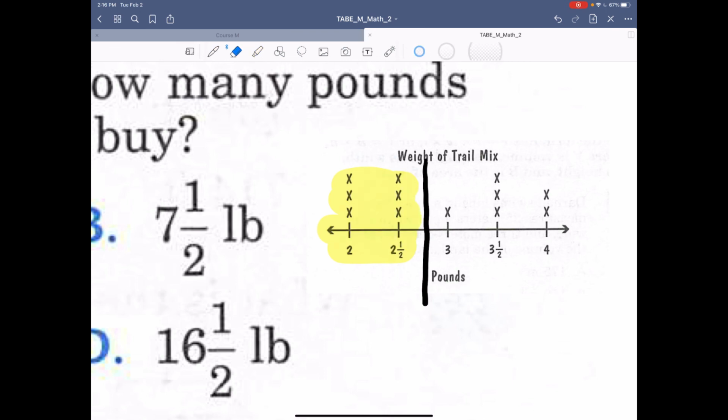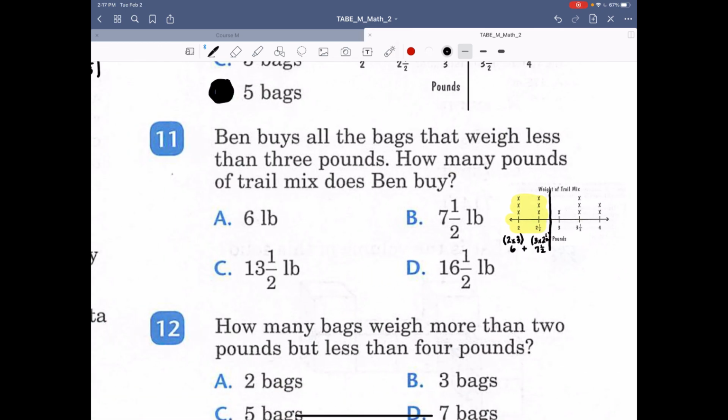So he bought 2 pound bags, and he bought 3 of those. So 2 times 3, that's 6. And then he bought 3 of the 2.5 pound bags. That's 7.5. And so you add those two together, and I'm thinking he got 13.5 pounds, which is C.